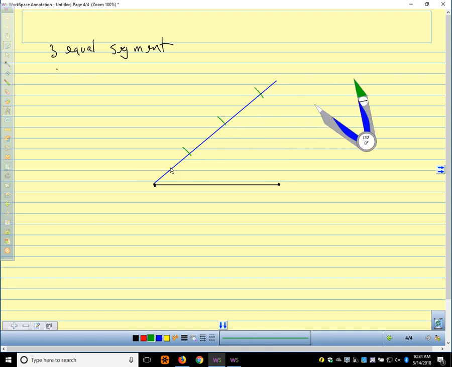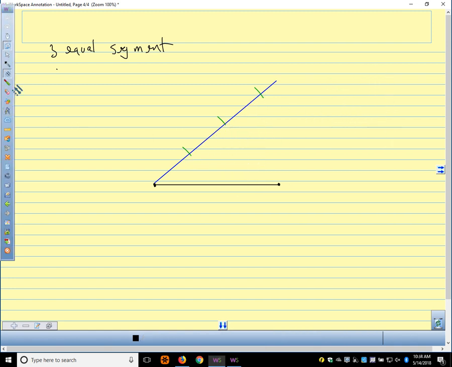So now each of these is the same length, and it doesn't matter how big they are. I just mark 3 equal pieces on that angle. Now I'm going to make a triangle from this last segment that I made. I'm going to turn this into a triangle, like so.